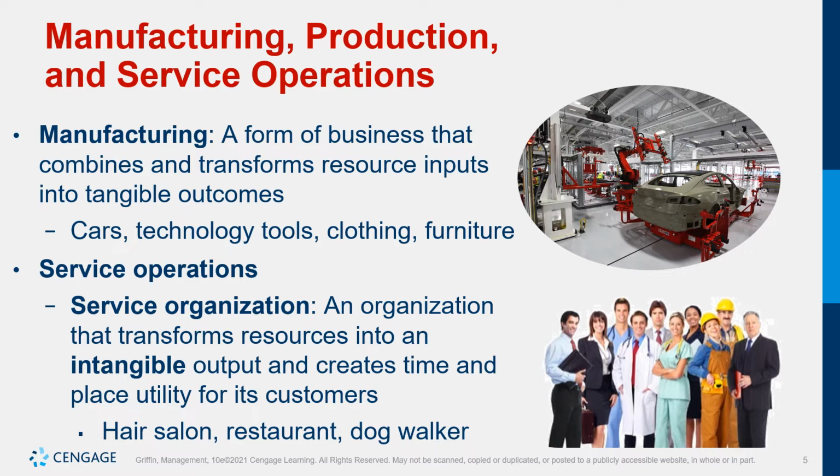For example, a hairstylist has input materials like scissors, comb, brush, hair dryer, including the skills to do the haircut. You cannot see the haircut, or the act of the haircut, until it is being performed. You may see pictures of a finished haircut, but the picture is not the product. The product is the service, which is the act of cutting the hair.